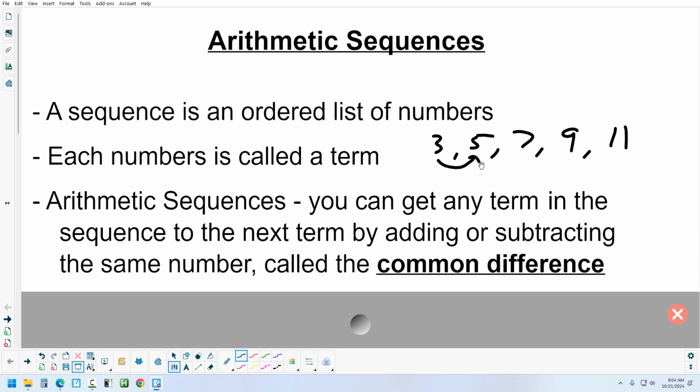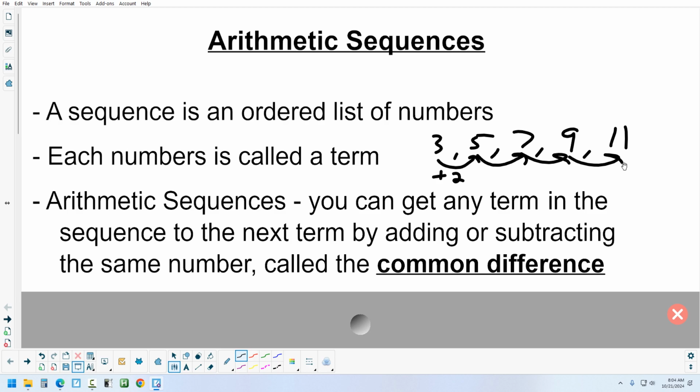How do you get from 3 to 5? You add 2. So if this is an arithmetic sequence, then it has to follow that same pattern every time. If one of them is different, then it's not an arithmetic sequence. But in this one, you add 2, you add 2, and you add 2.